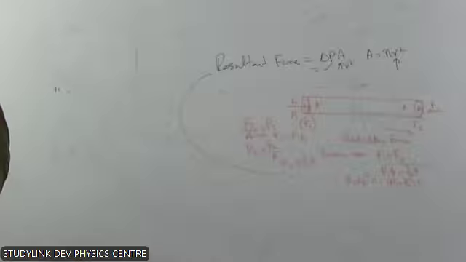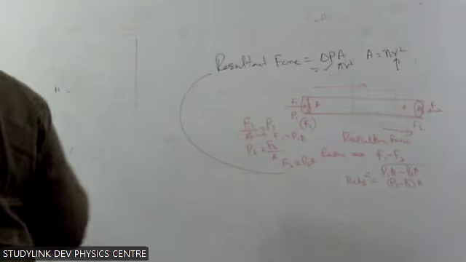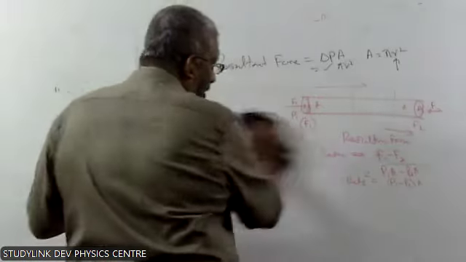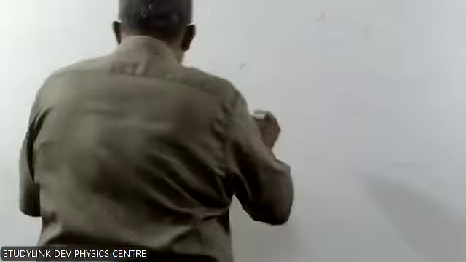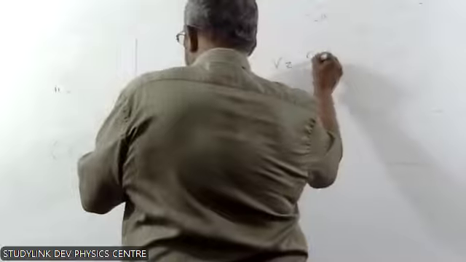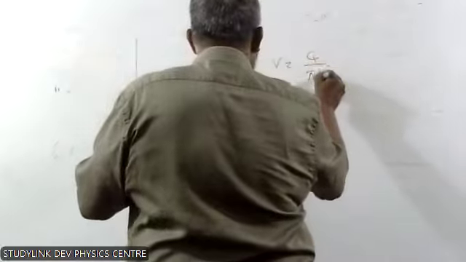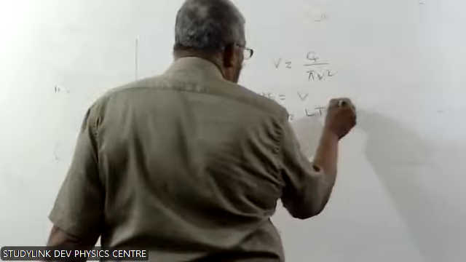The average speed of the liquid through the tube is given by V equals Q over pi r squared. Show that this equation is dimensionally correct. V is equal to Q over pi r squared. The dimensions of the left hand side, V, are LT minus 1.